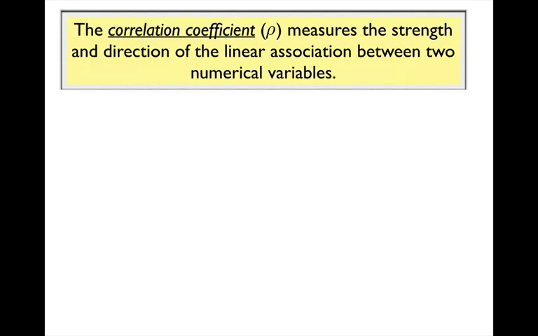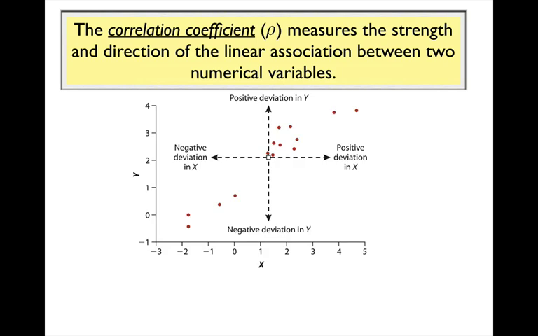Okay, so what is the correlation coefficient? It measures the strength and direction of the linear association between two numerical variables. So you have a variable x, you've got a variable y, you can plot them in a scatter plot. Okay, these are all your data points. And then what you do is you take that box in the middle, that's the coordinate corresponding to the mean of your x variable and the mean of your y variable. That goes right there. Okay?